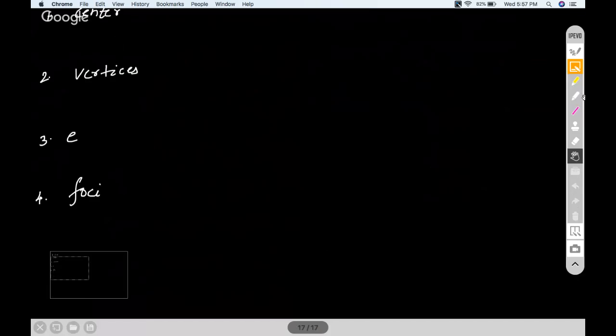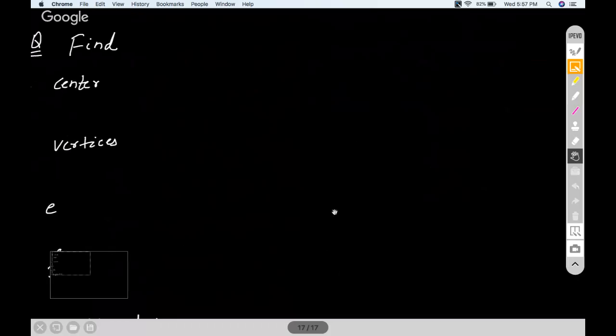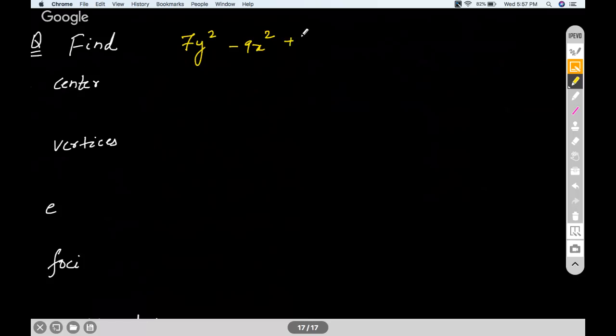Number 5, let's say equation of the directrices. So find these parameters for 7y square minus 9x square plus 54x minus 28y minus 116 equal to 0.